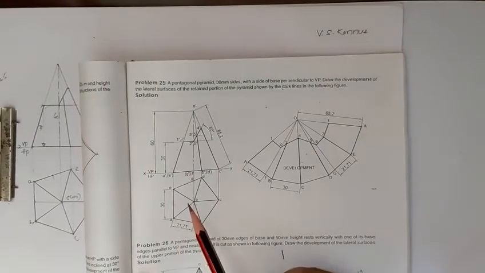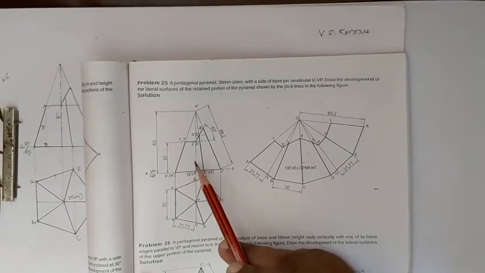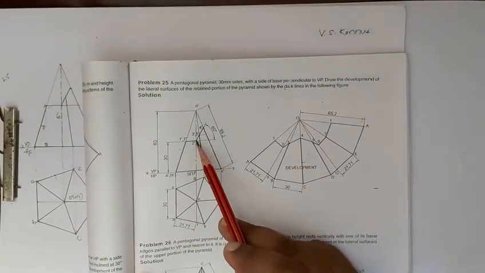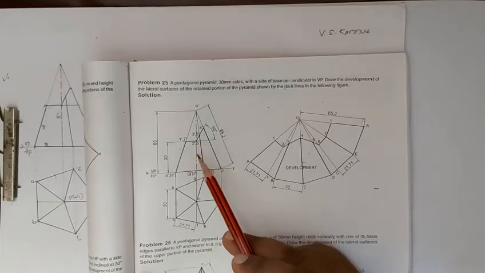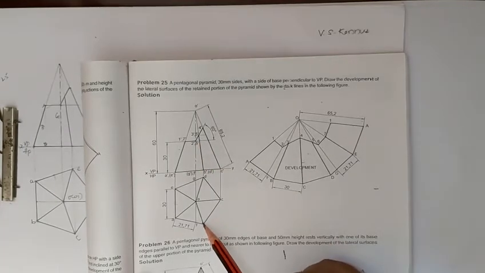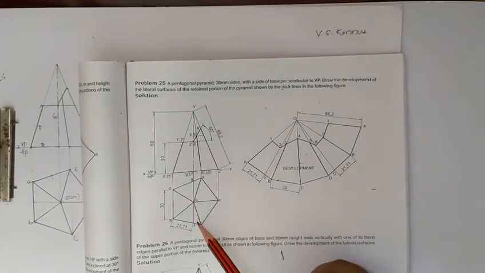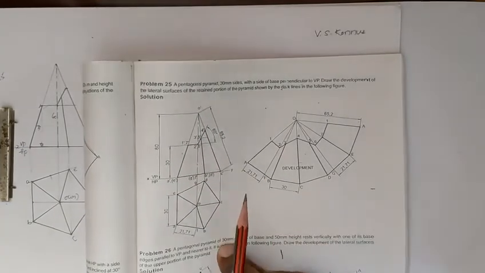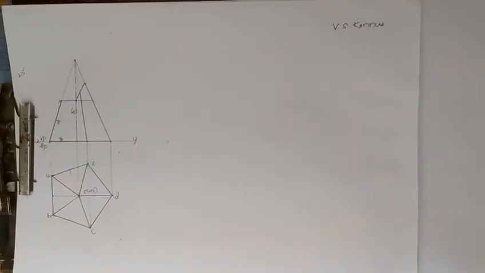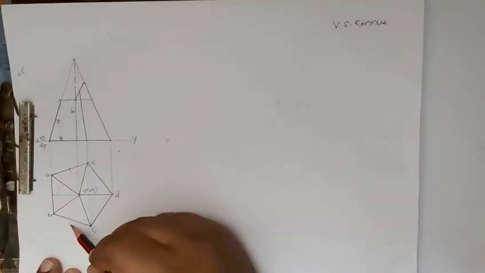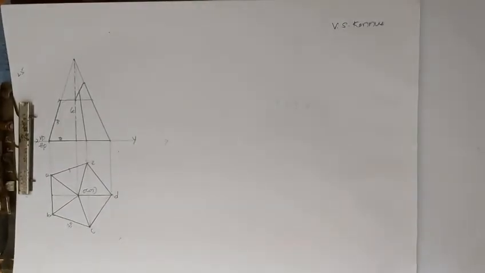Next, on the axis there is a point, because we are considering the axis, not in all problems, only in such problems where it cuts on the axis. I will construct that. See here, one side is 30 mm, one side is 30 mm.